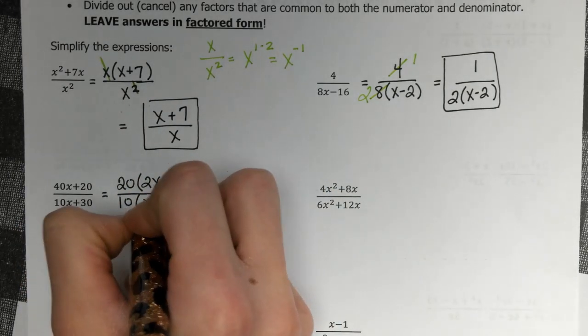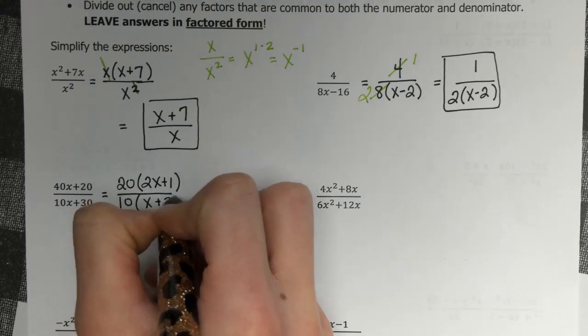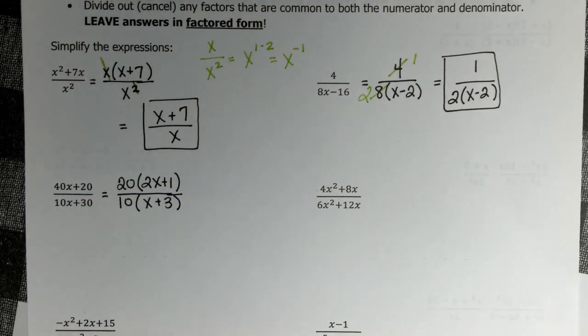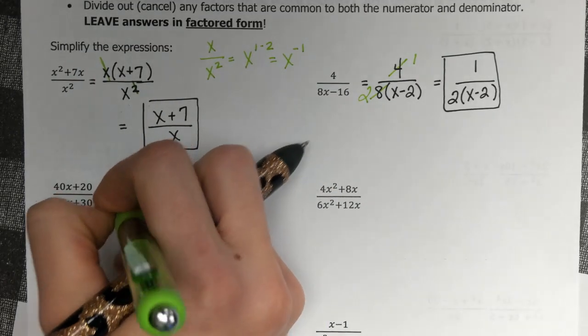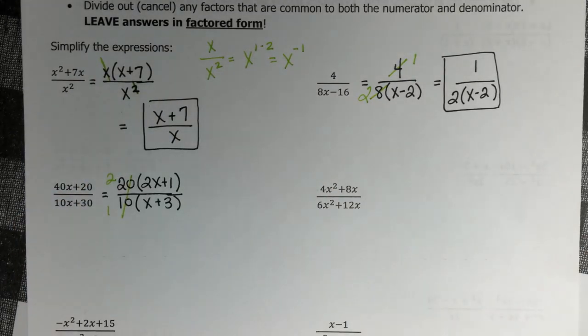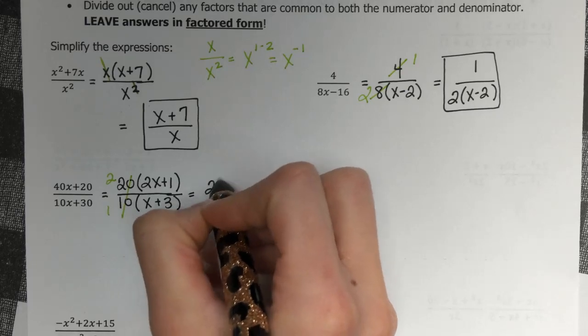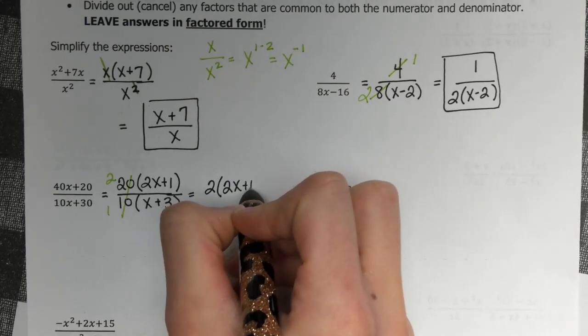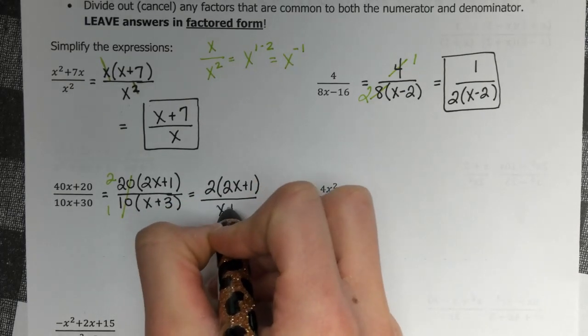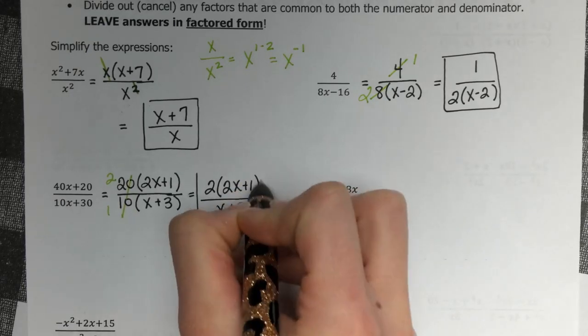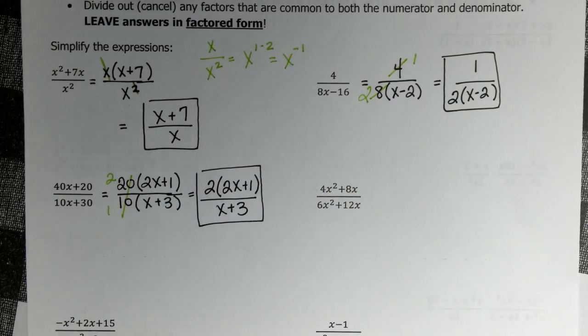And that leaves me with x plus 3. Okay, and then I can simplify. What's 20 over 10? 2 over 1. So this is just going to leave me with 2 times 2x plus 1 over x plus 3. We good?